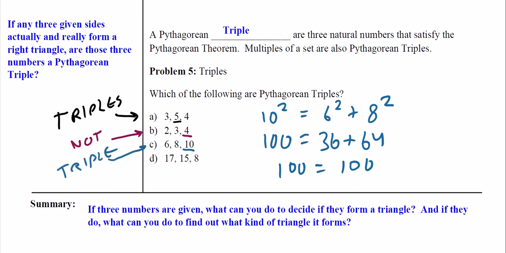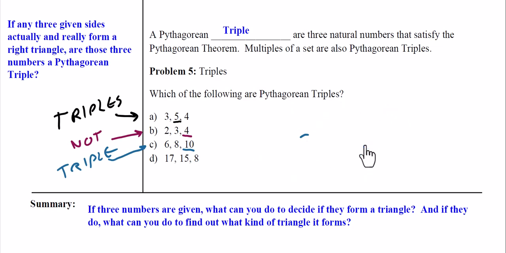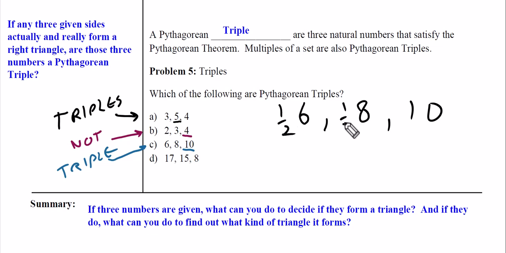Now, can I boggle your brain here for a second? How are A and C related? Well, look at C. C is 6, 8, 10. What if you halved all of these numbers? You would get 3, 4, 5. So spoiler alert, there are families of triples.